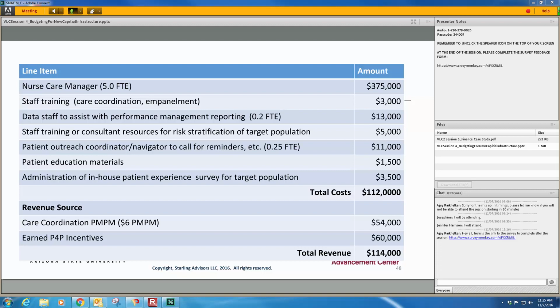So again, not knowing what those particular P4Ps are, we're just trying to be directionally showing you the types of revenue sources or cost offsets to help support this basic P4P model with a relatively small patient population of about 1,500. Any questions on that? Okay.